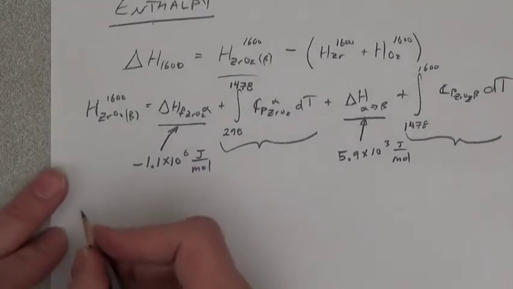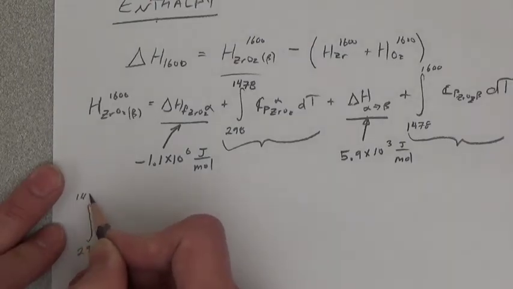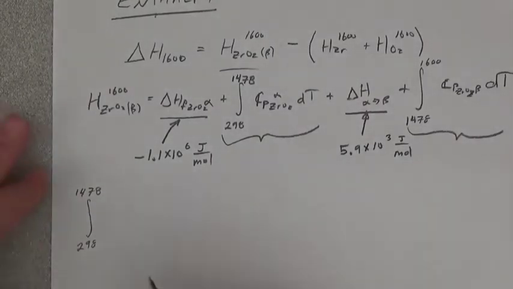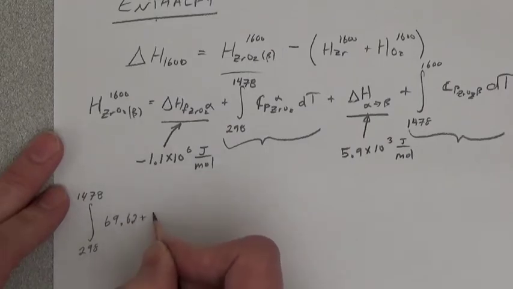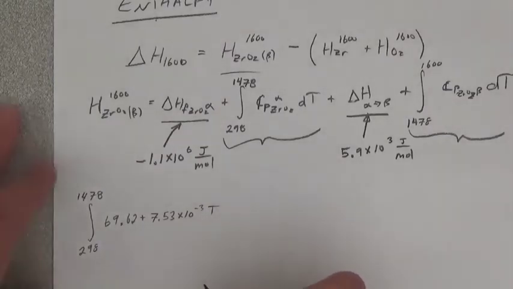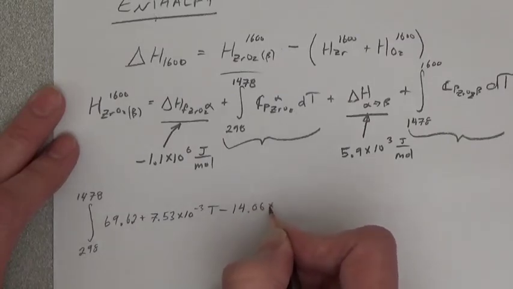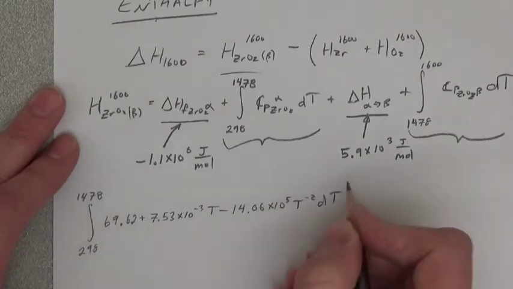This first integral is the integral from 298 to 1478 of the heat capacity, which, looking this up from the table in the book, is 69.62 plus 7.53 times 10 to the minus 3 T minus 14.06 times 10 to the positive 5 T to the minus 2 dT.